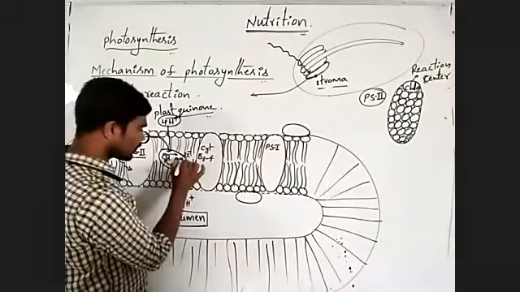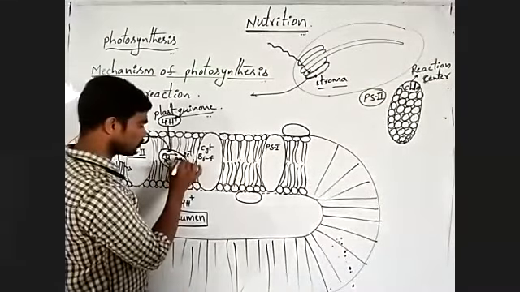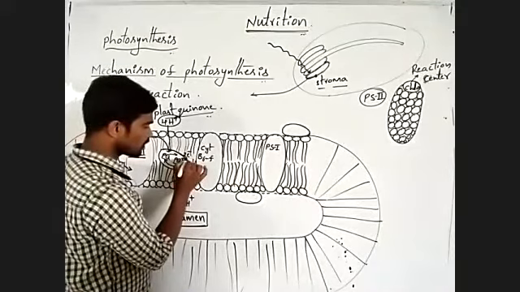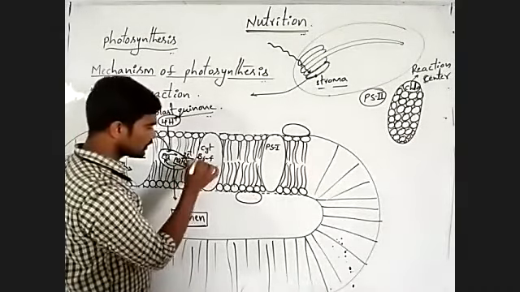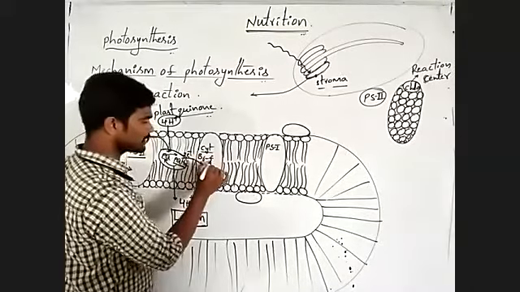Now the two electrons from this plastoquinone are received by another membrane protein, that is cytochrome b6f.